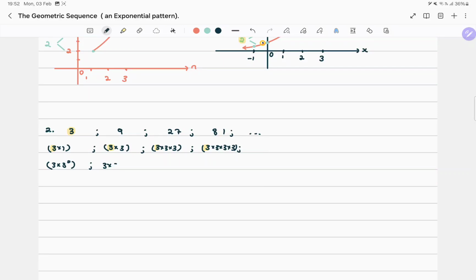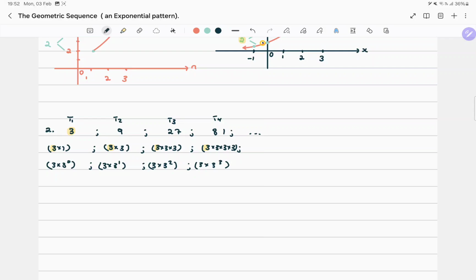Here this is 3 times 3 to the 1. Here this is 3 times 3 squared. Here this is 3 times 3 cubed. Okay, again we know that this is term 1, term 2, term 3, term 4.